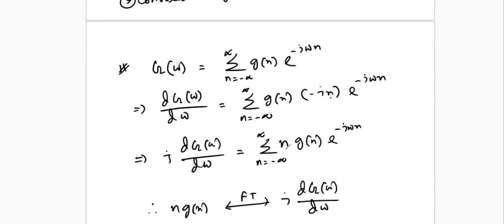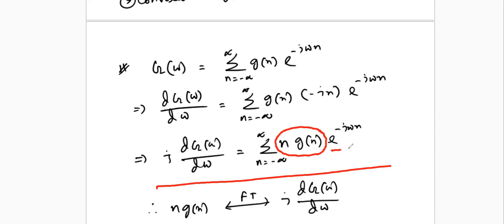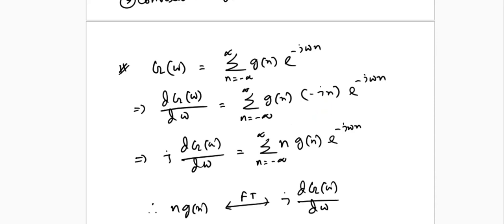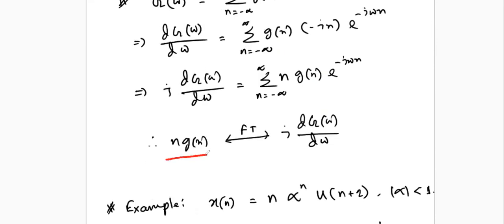And n is there, so this n is here, and we have g[n], and we have e to the power minus j omega n by definition. So now from this equation we can easily write that this is our part which has been Fourier transformed, and if you do the Fourier transform, it will look like this. So we can write that if we have n g[n] and do the Fourier transform, it will be converted like this.